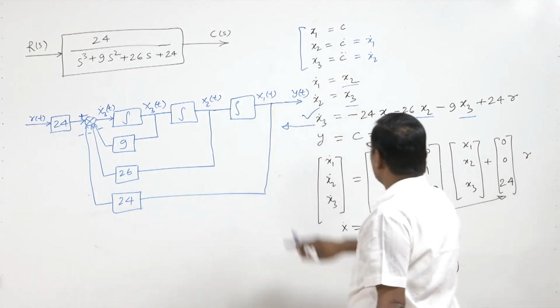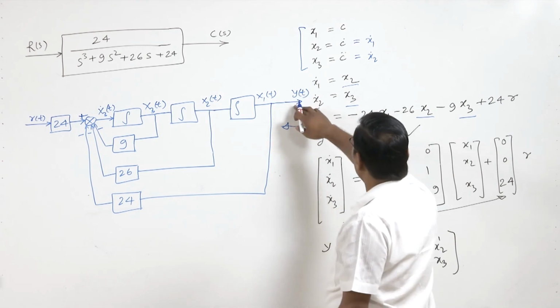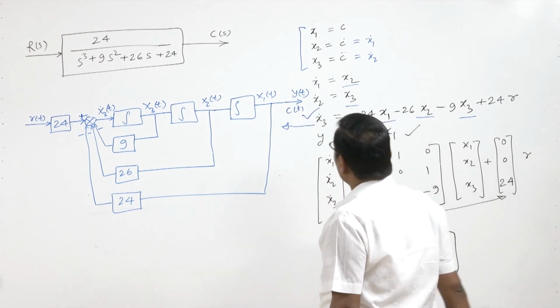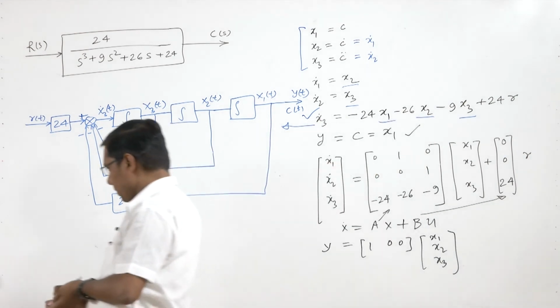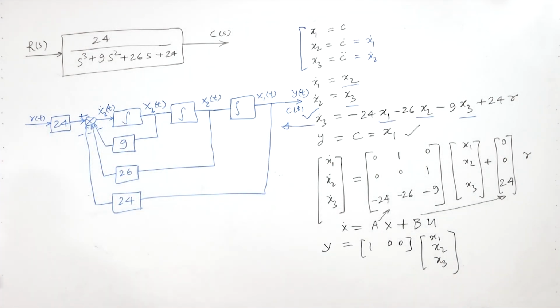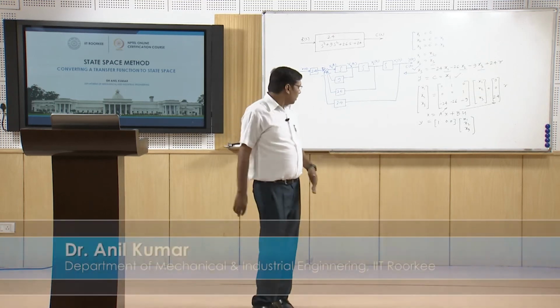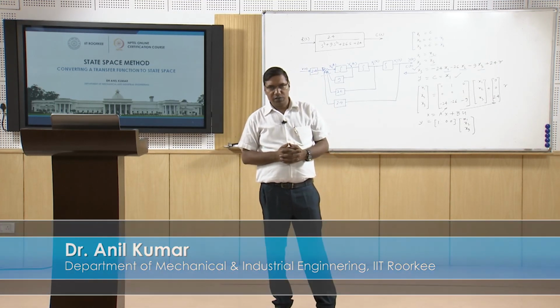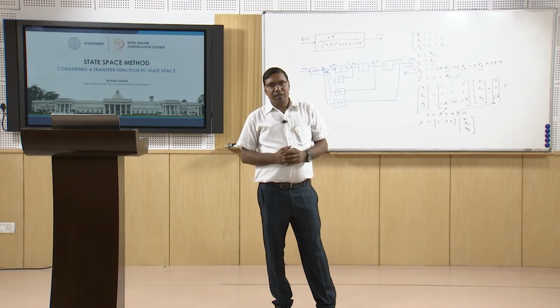So output is x1(t), here y(t) or c(t), whatever, we can write c(t) also. So this is how we represent this system. This example we took from the book of Norman S. Nise, Control Systems Engineering. So I thank you for attending this lecture, and we will continue in the next lecture.